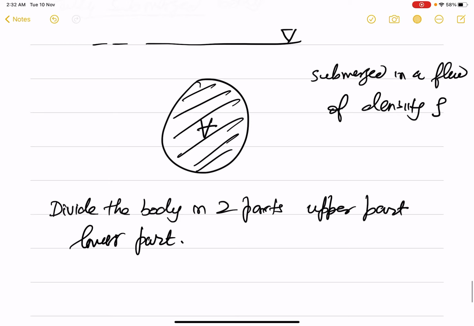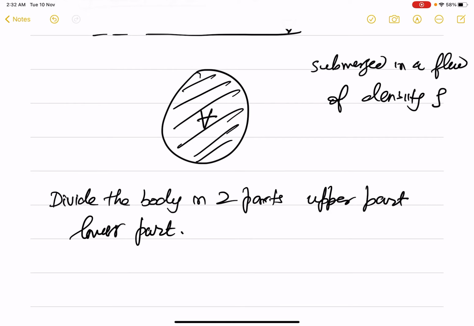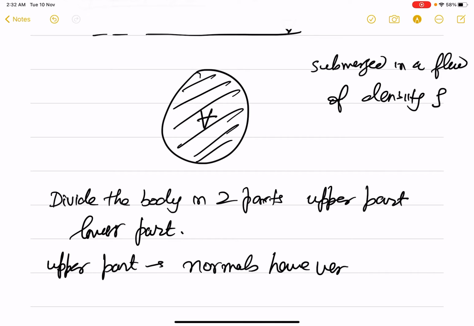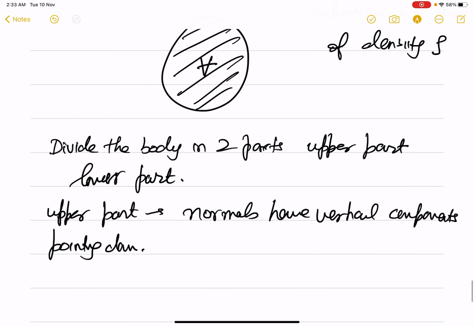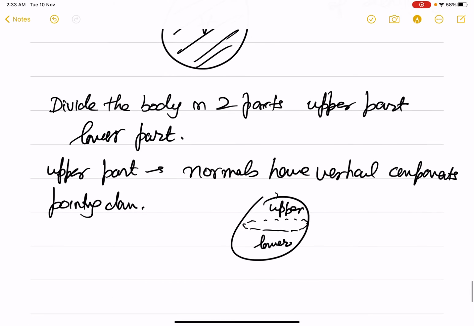And how do we decide this? In the upper part, all normals have vertical components pointing down. So we divide this body into two parts, the upper part and the lower part.